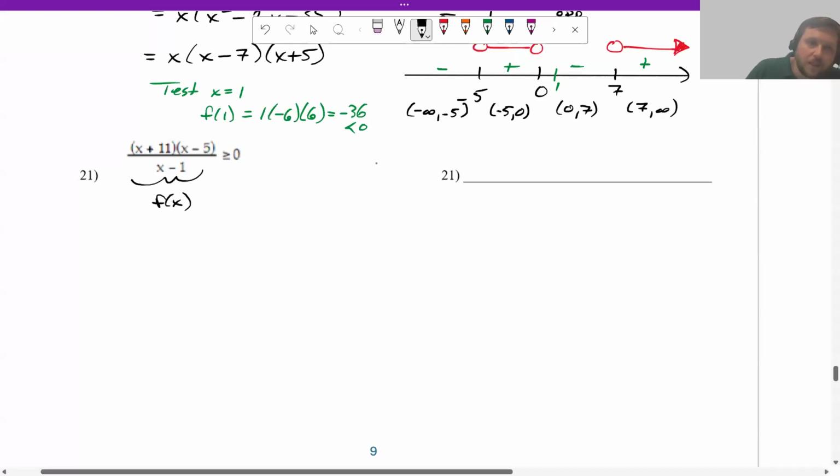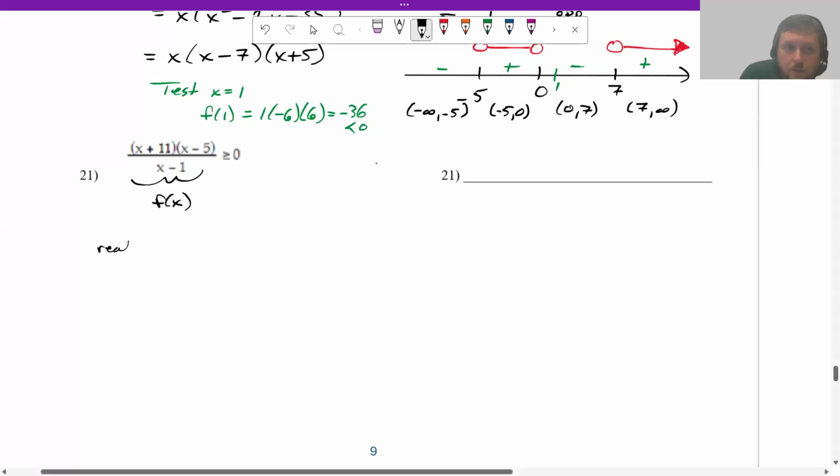So values that are real zeros and values where the thing is undefined. So up top, those are giving us the zeros. So -11 and +5. Now you have to be careful that those are in the domain. In this case, it's very clear that they are because it's in lowest terms.